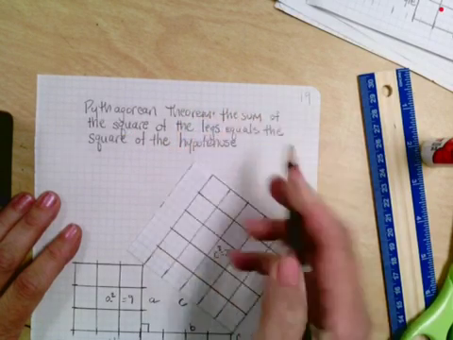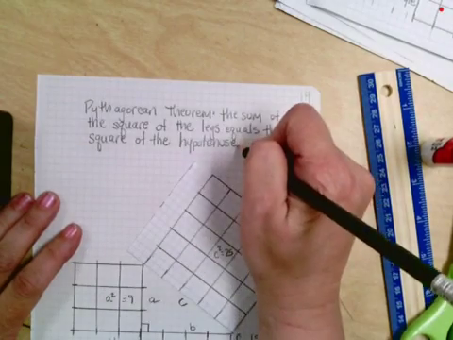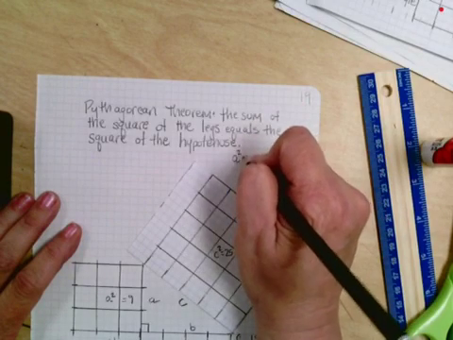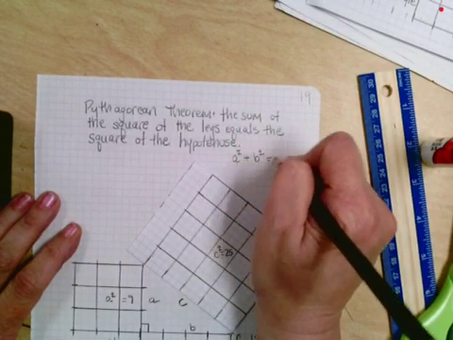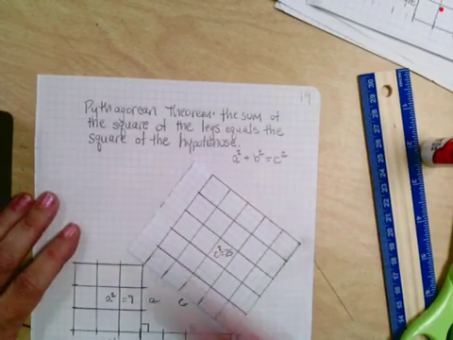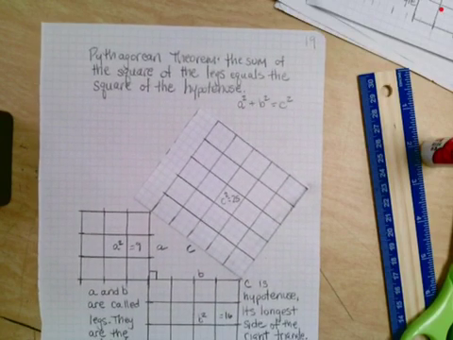Okay? The sum of the square of the legs equals the square of the hypotenuse. And the way we usually write that is a squared plus b squared equals c squared. And I want you to write that. I want to make sure you write it over here because remember we're going to have a pocket thing going on there. All right, so that's our statement of the Pythagorean theorem.